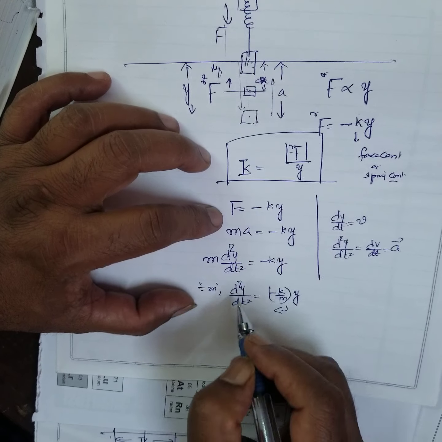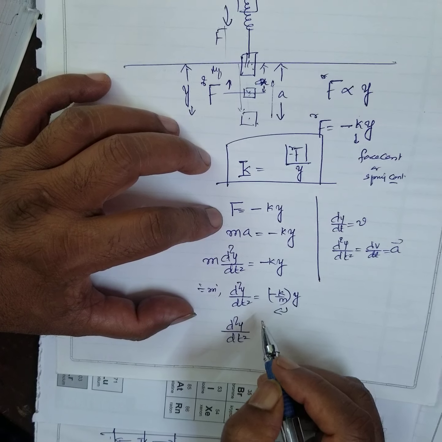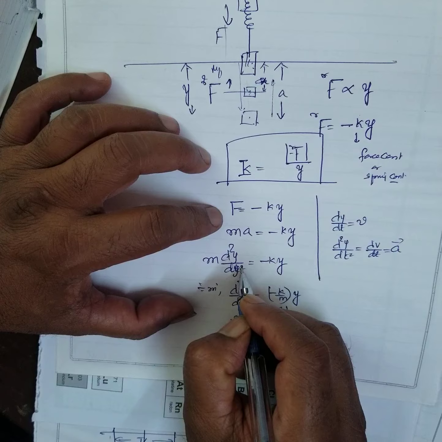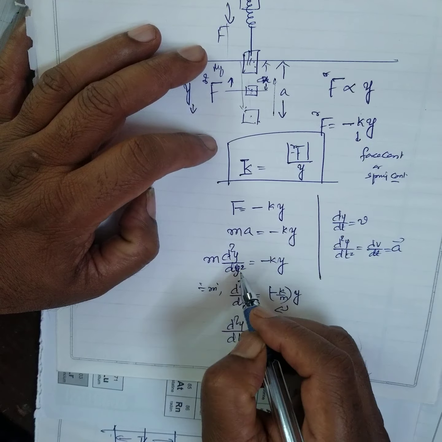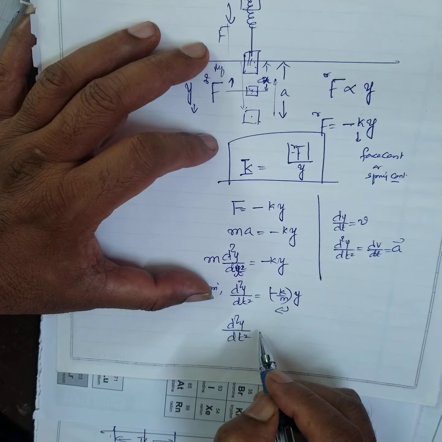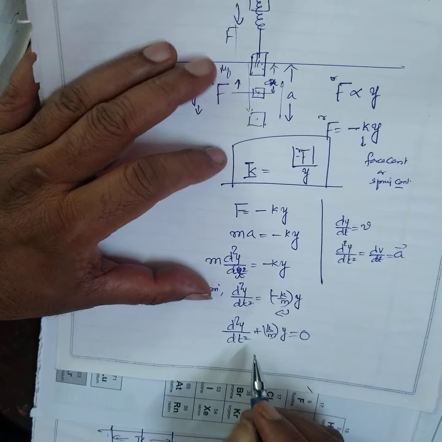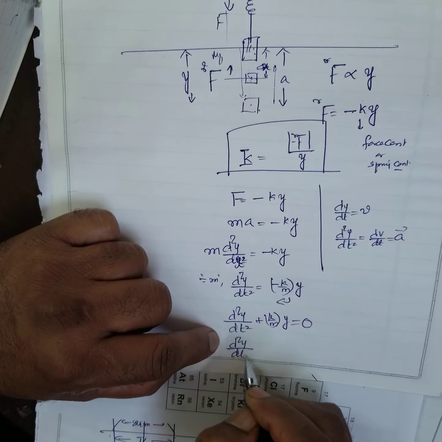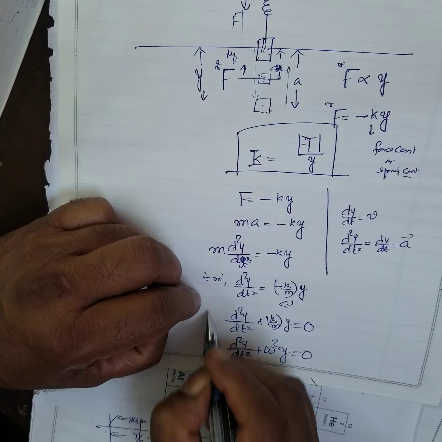You bring this to the left side. Therefore d square y by dt square plus k by m y is equal to 0. This is of the form d square y by dt square plus omega square y equal to 0.